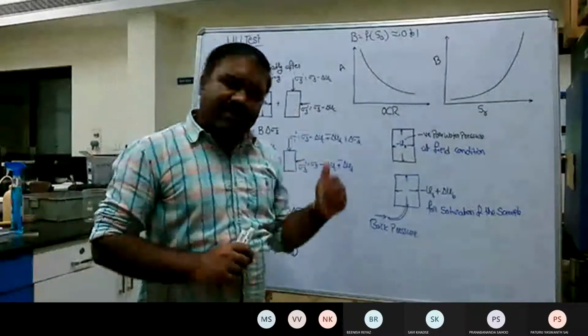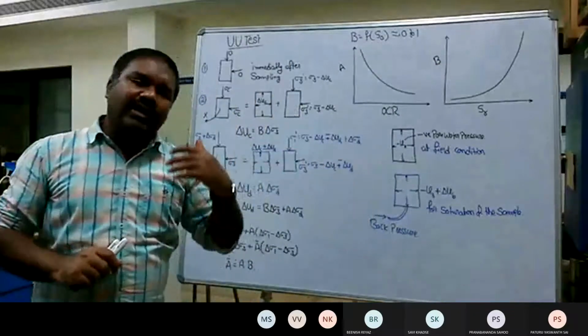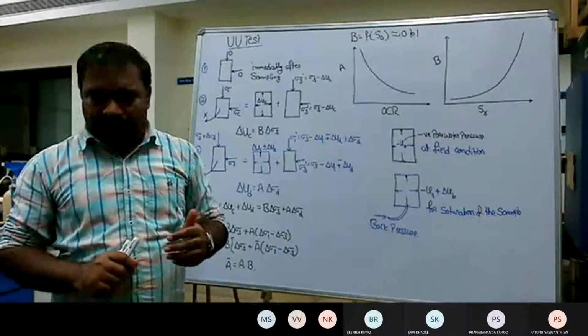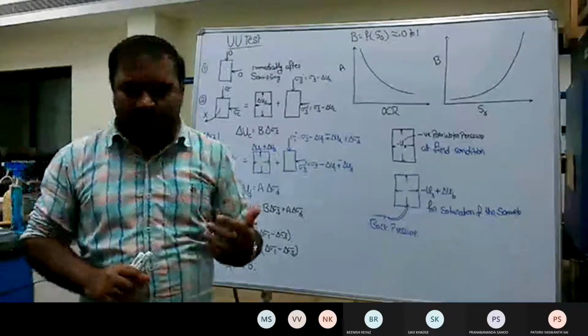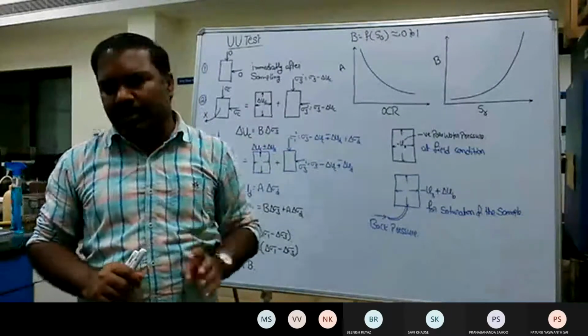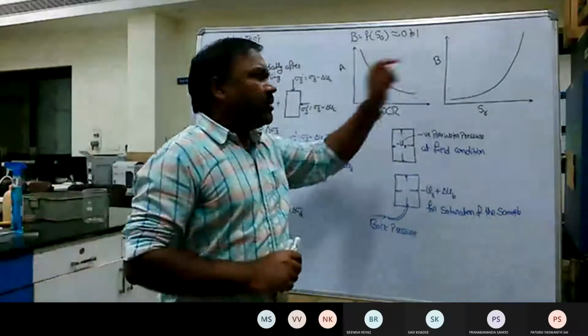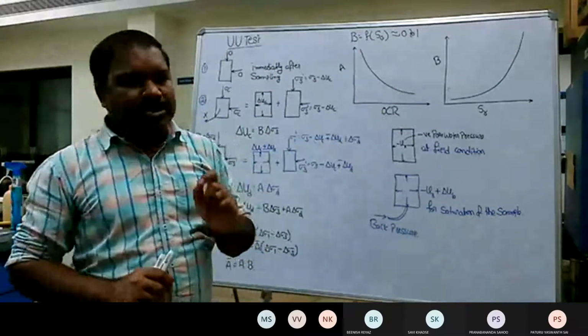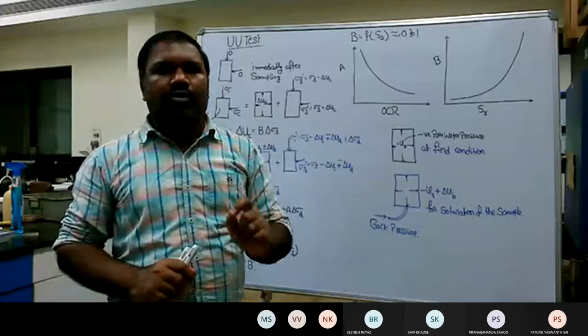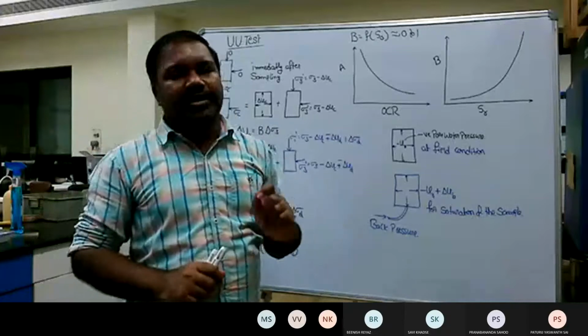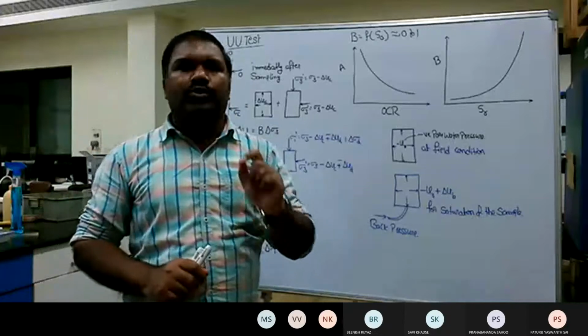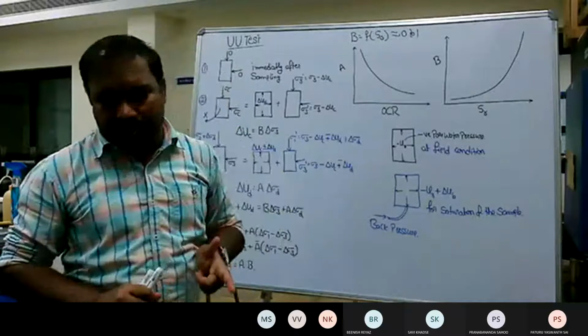However, the condition is that if you conduct any kind of triaxial testing, you must saturate the sample to the full extent possible, or other way around, you must ensure that the value of B is equal to 1 before you apply any deviatoric stress on the soil sample to shear it.